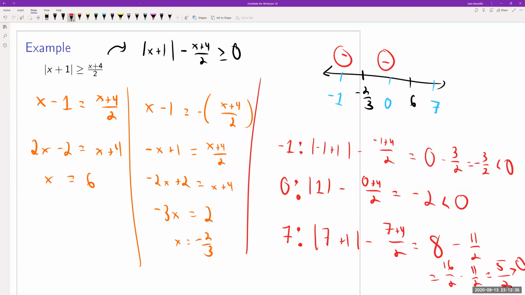So in this case, I got negative, negative, and positive again. Therefore, what I've got is I've got 2/3 as a solution, and I've got the region over here as a solution from 6 to infinity.